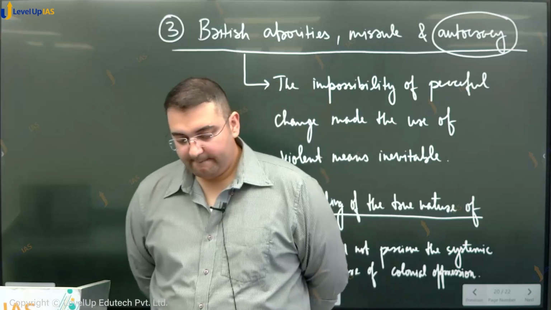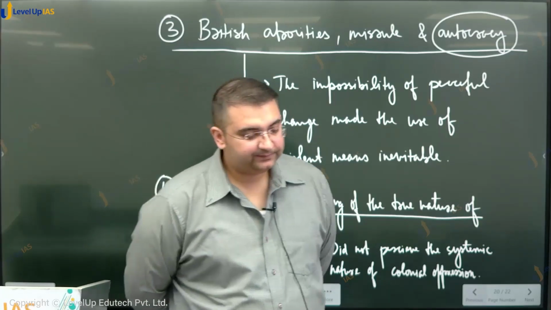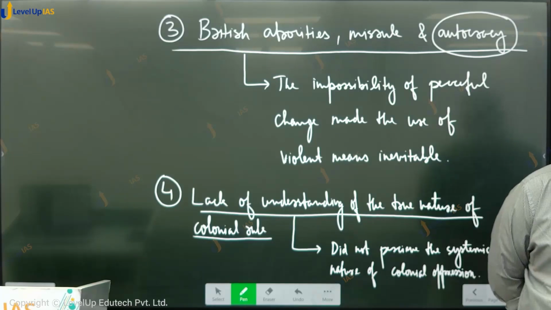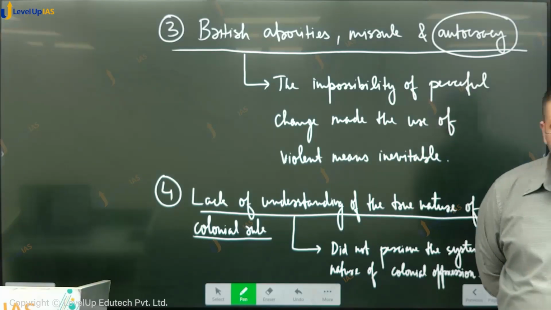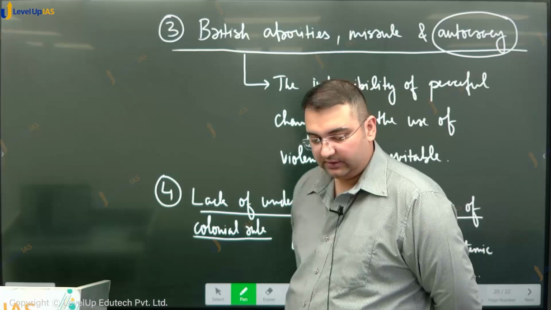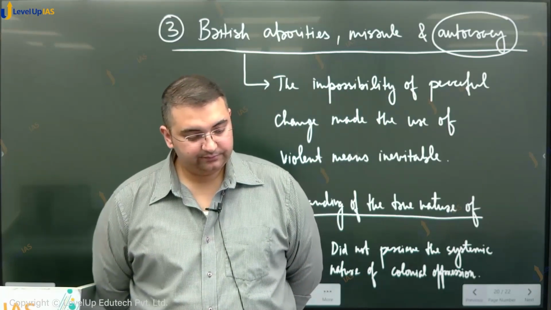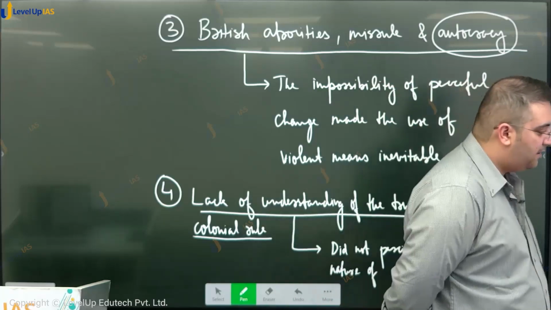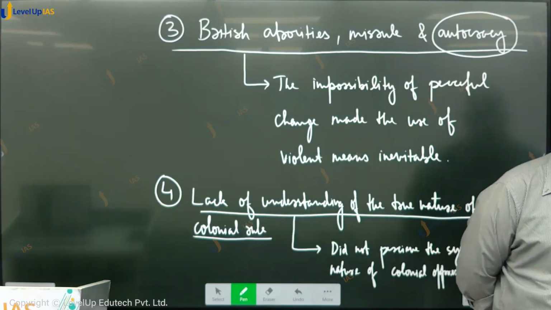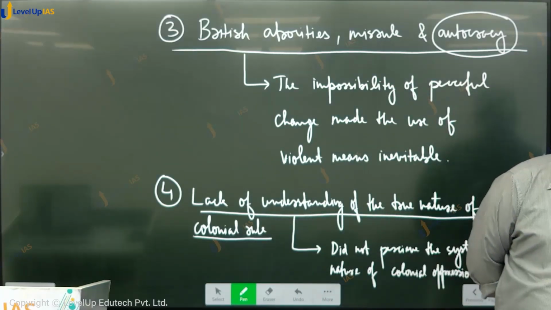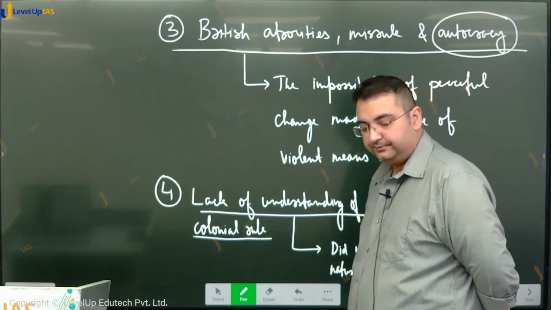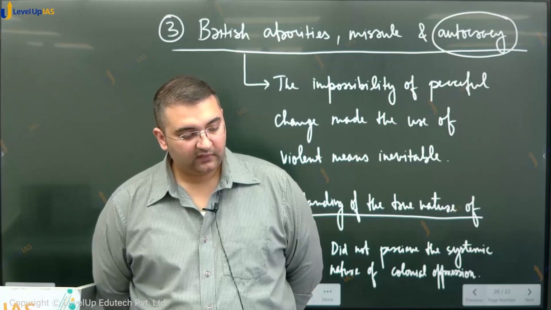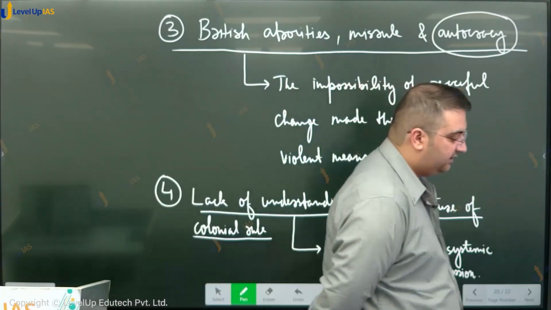Next point, the nationalists had organized the peaceful Swadeshi movement, but the British suppressed it like all previous revolts.